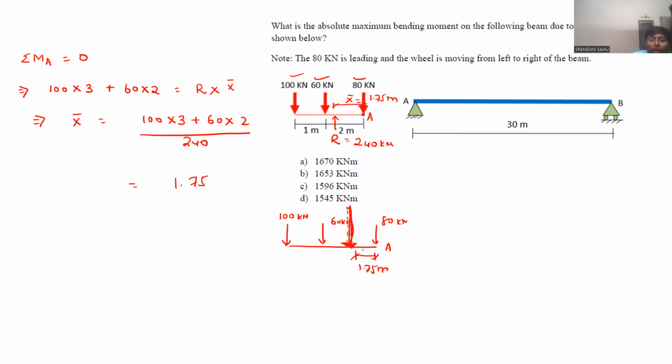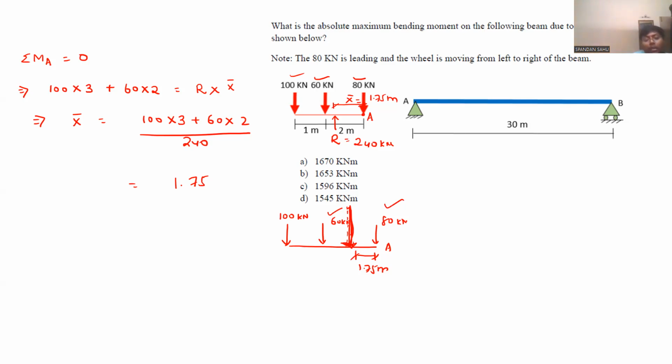Now the resultant is in between two forces, this 60 kilonewton and 80 kilonewton.